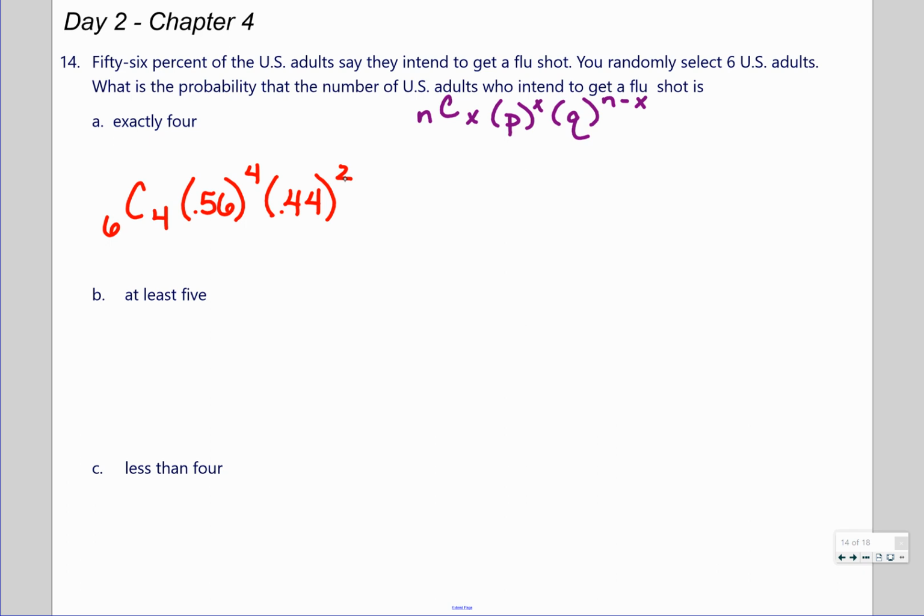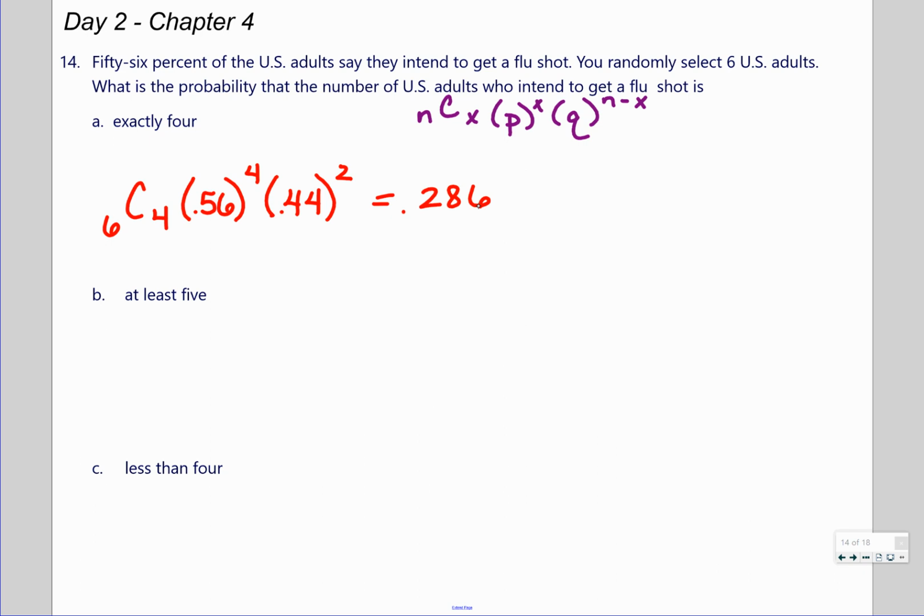Again, you can use the red calculator on Tuesday when you do this, but you can use your graphing calculator now if you want. All right, so 6 choose 4, and then we have 0.56 to the 4th power and 0.44 to the 2nd power. 0.286, 3 decimal places.